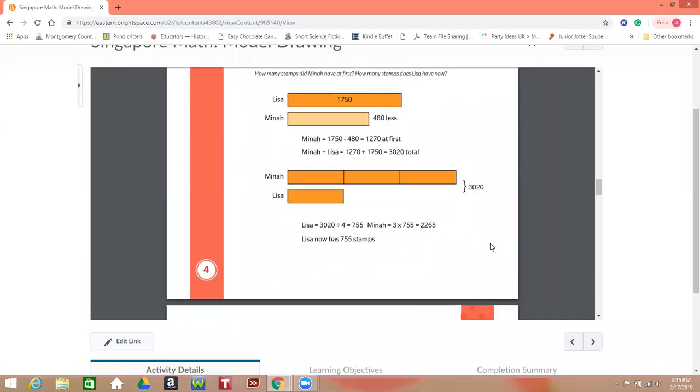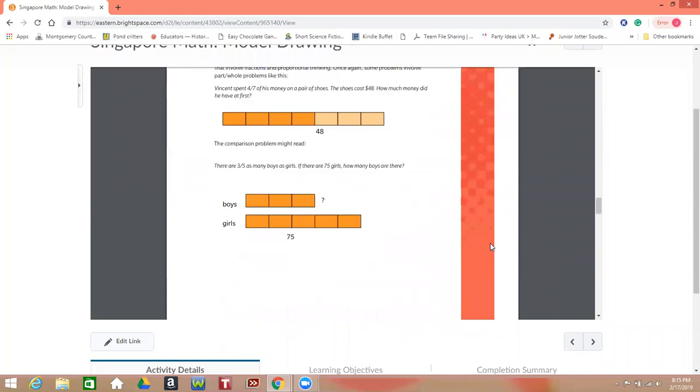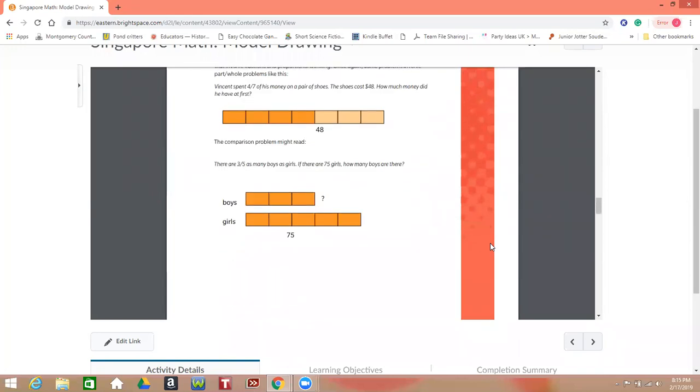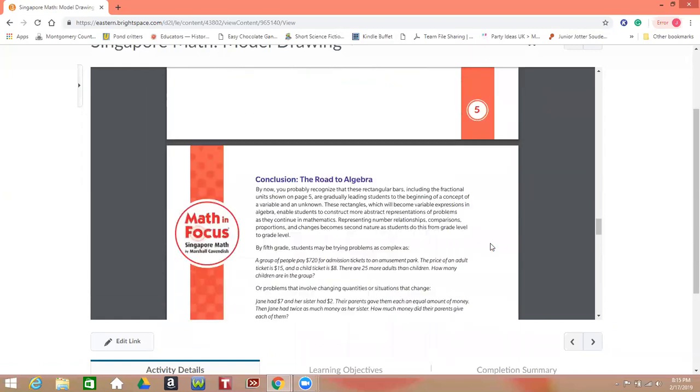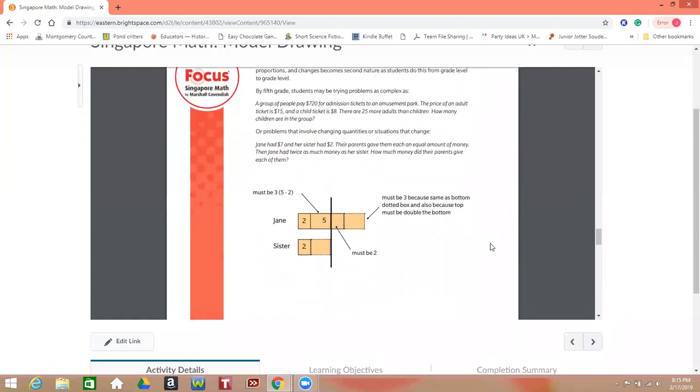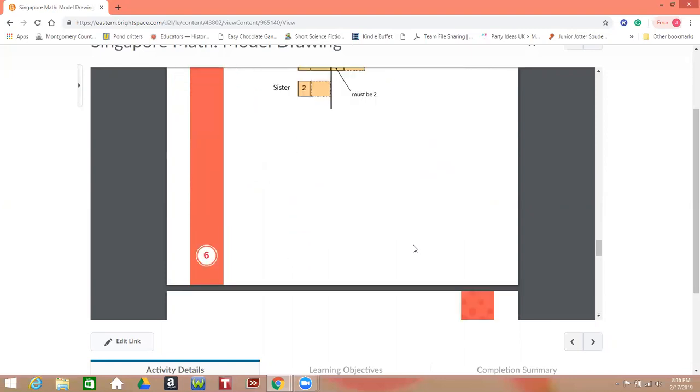And like I said, if you're lucky enough to have purchased the book Step-by-Step Model Drawing, there are a lot of examples in there for you to refer to. All right. In this article, like I was saying before, this guides you in understanding how eventually unit bars would be applied to algebra.